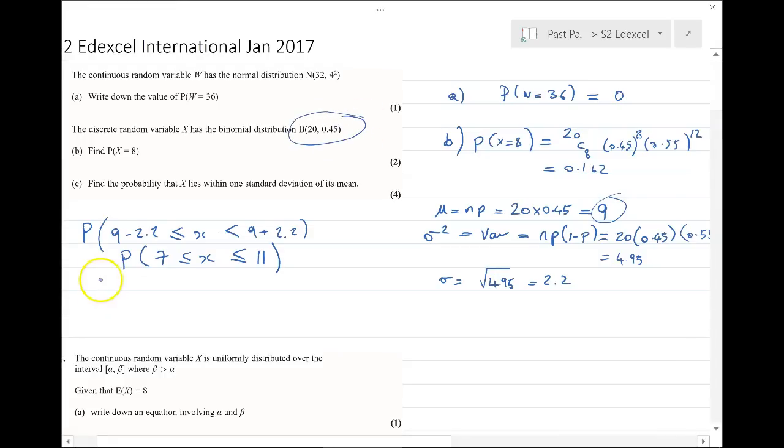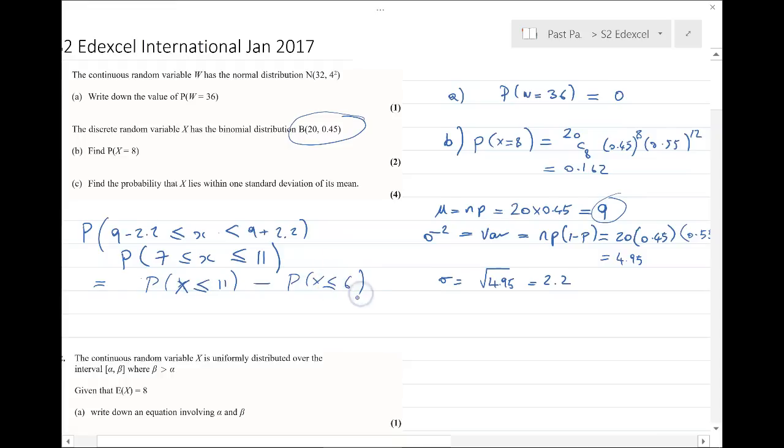Okay, so we can use the tables with 20 and 0.45. They are in the binomial tables. So that's equal to the probability that x is less than or equal to 11, take away the values 6, 5, 4, 3, 2, 1, 0, which would be included. So we need to take those values away.